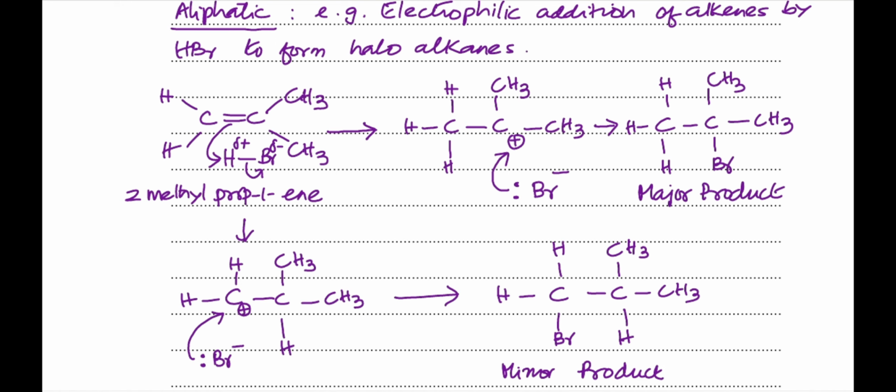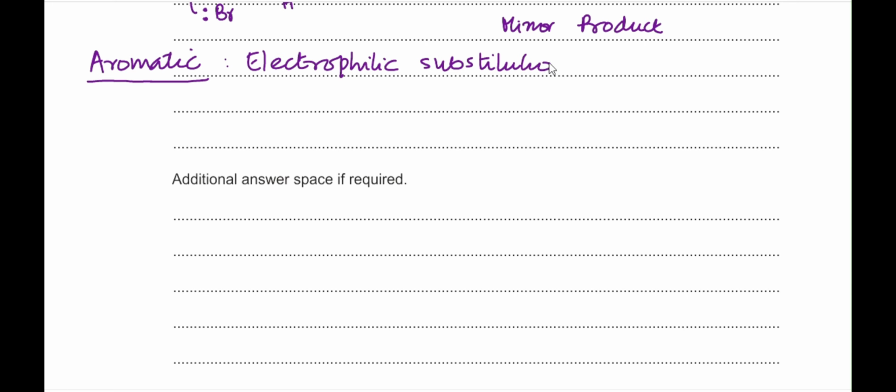As an example for an electrophilic reaction on an aromatic compound, we can show electrophilic substitution. As an example, nitration of benzene. So let's write the side heading here, aromatic compounds. The example we are going to write is electrophilic substitution, nitration of benzene.